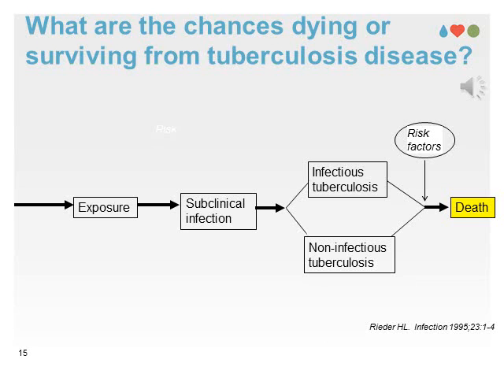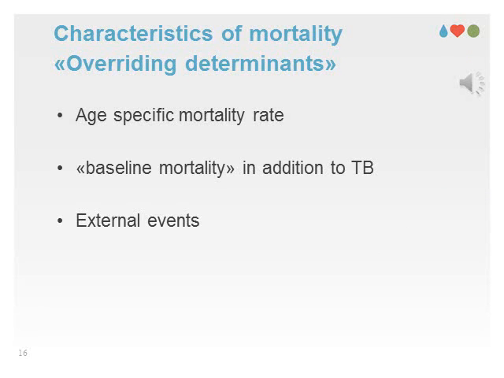What are the risk factors for dying or surviving from tuberculosis? In such a study, the outcome measurement is death. Deaths in general will depend on many factors and overriding determinants like baseline mortality in the area, age-specific mortality rates, and external catastrophic events.